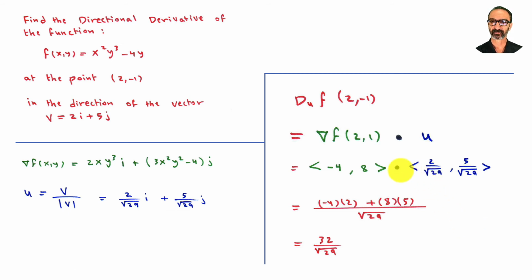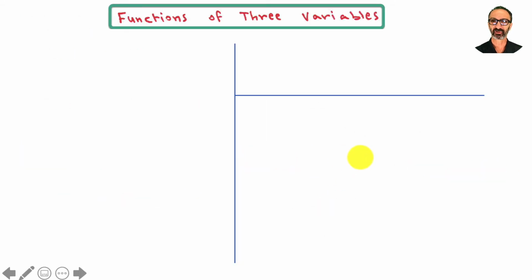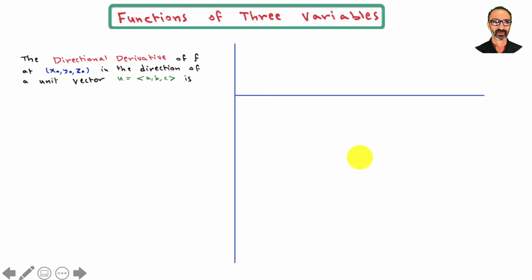Next, if you want to move to 3 variables, the directional derivative of f at (x0, y0, z0) in the direction of a unit vector u equals (a, b, c) will be the following.